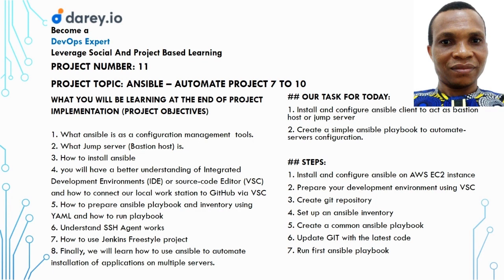Create a common Ansible playbook. Update Git with the latest code. Run the first Ansible playbook. So these are the tasks that we will be carrying out in Project 11. So we are moving straight to these tasks. It will be easy when we continue.